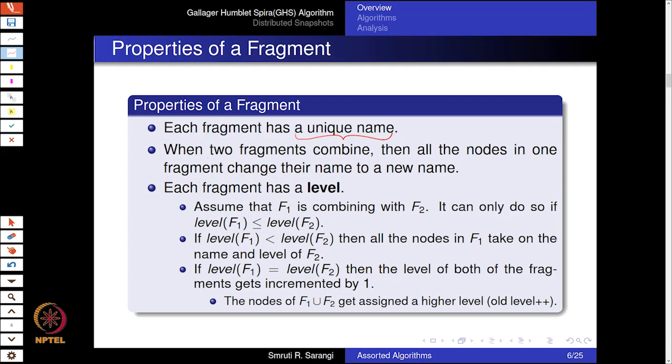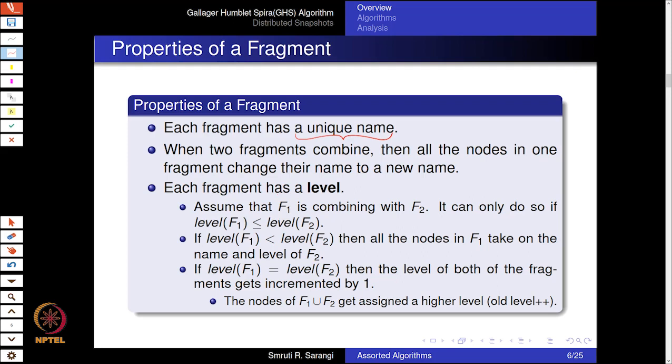It is the same way two companies merge. Typically if a large company gobbles up a small company, no name is changed. But if two equal size companies merge, the name reflects both. We will see something similar happening with fragments.